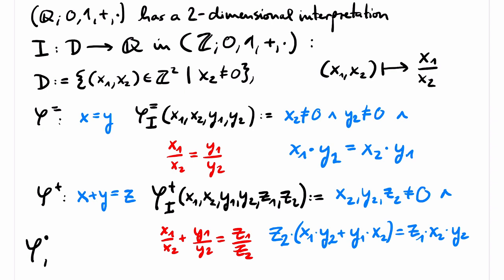Finding formulas for multiplication and the formula x equals 0 and the formula x equals 1 is similarly straightforward. So indeed, Q has an interpretation in Z.